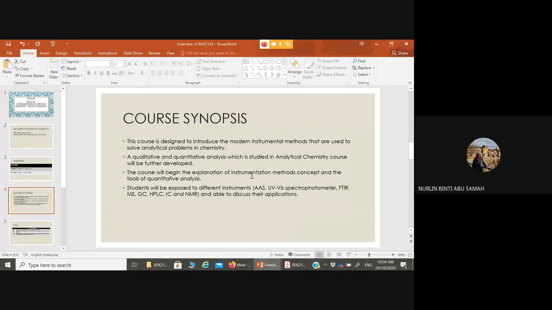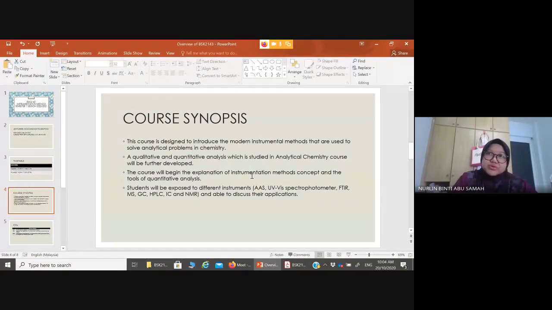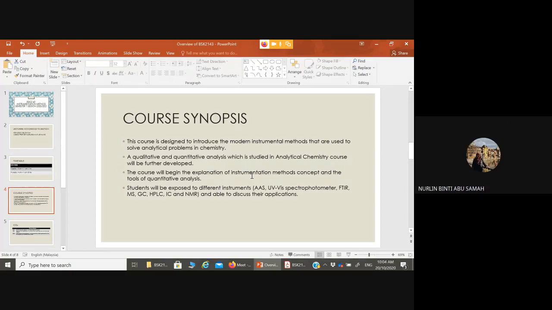To solve problems in analytical chemistry, you need something more advanced compared to the classical method. By the third year and fourth year, you will learn a lot more advanced techniques, all of which make our analysis simple and accurate. That is the purpose.